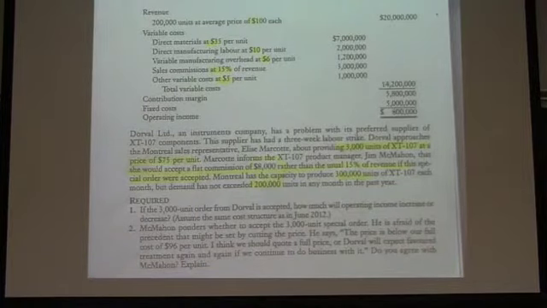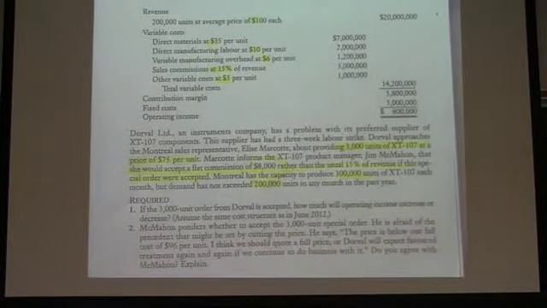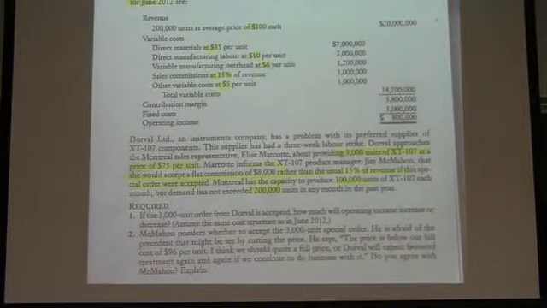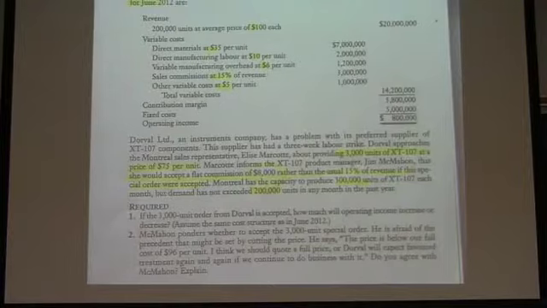Because if you think about it, right now you're selling for $100, and now if you accept $75 per unit, are you actually going to cannibalize your own market? Are you going to then set a level of expectation for Dorval? If they come back and want to buy from us again and make us their preferred supplier, would that mean they're going to expect it to be at $75? I'm answering a little bit of question 2 in advance here, but if you think about it logically, without even crunching through the numbers, you'll see that this is a problem with special orders.